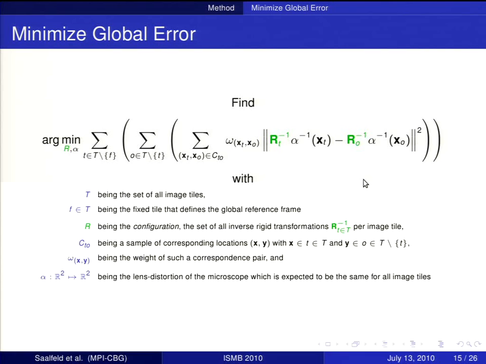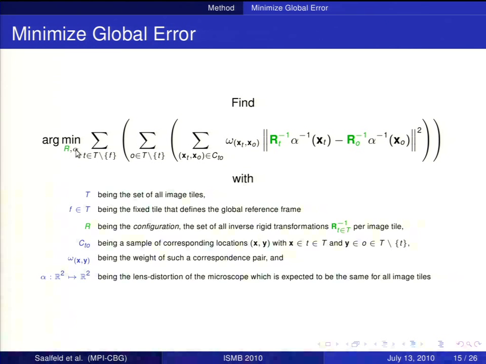Okay, now finally, we made a few assumptions. So we approximate deformation with transformations. We assume that the signal changing function across sections is identity, which it is not, and we have errors from the correspondence because they may be slightly mislocalized. So what we have to do in order to get a reasonable solution is to minimize the global error. This is very simple. We minimize the overall displacement of corresponding pairs, for all tiles that share point pairs, with respect to the feature transformation.